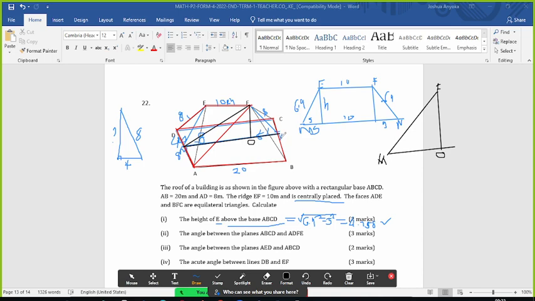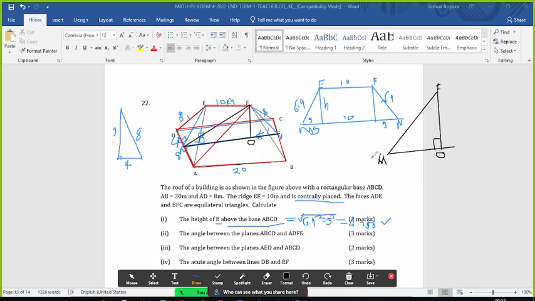Then on those lines, focus on getting a right angled triangle. My right angled triangle will be FOM. So this is what I have.